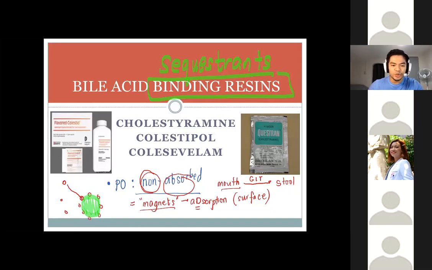Okay, let's continue. Ano ang example ng compounds na pwedeng ma-magnetize, maaaring dumikit o ma-adsorb kay cholestyramine for example? Siyempre, bile acids. Kaya nga ang tawag ay bile acid sequestrant, kasi ang bile acid ay nag-a-adhere sa surface ng mga gamot na ito.